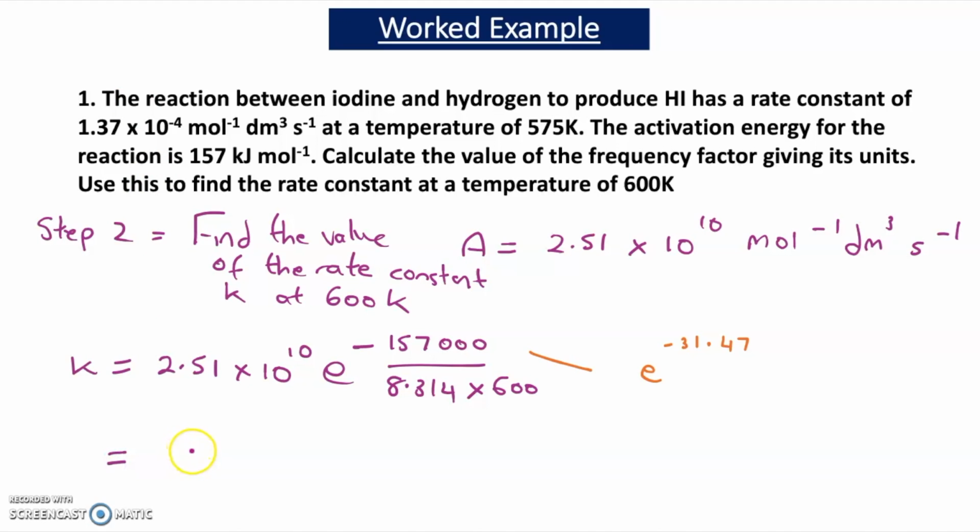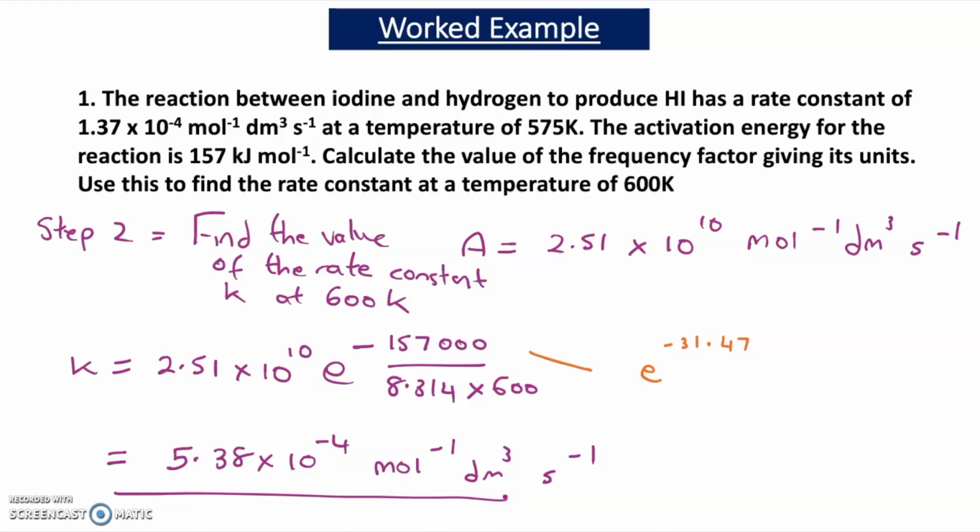So my value of k is equal to 2.51 times 10 to the 10 times e to the minus 31.47, which is equal to 5.38 times 10 to the minus 4. And my units will be the same as my units of A, and the units of the rate constant at 575, and that will be moles to the minus 1, dm to the 3, seconds to the minus 1.